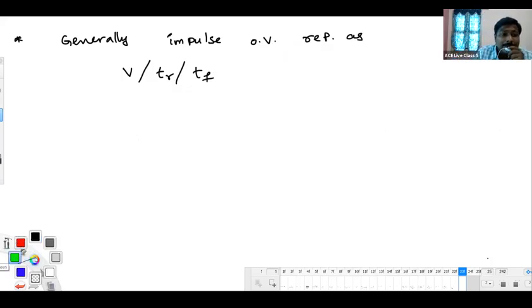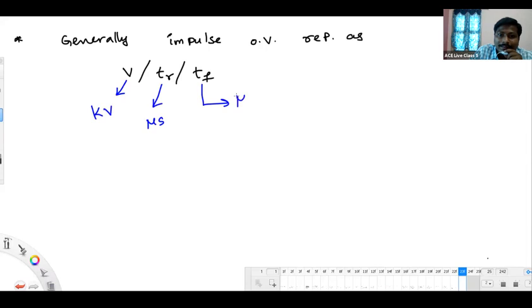V is the peak voltage in kilovolts. TR is the rise time in microseconds. TF is the fall time, also in microseconds. V by TR by TF. So you have to get my intention, exactly what I'm saying.